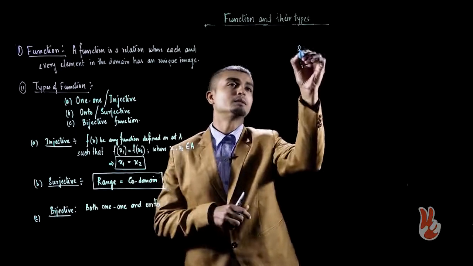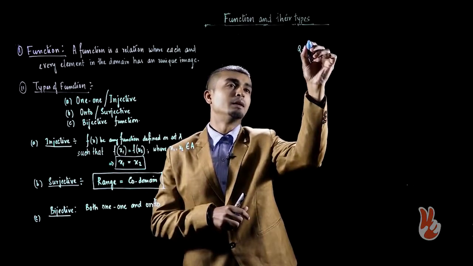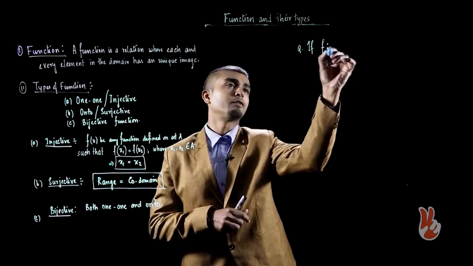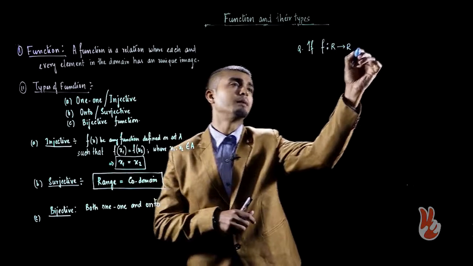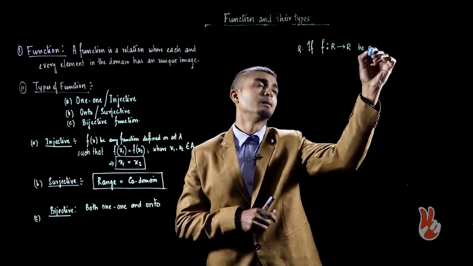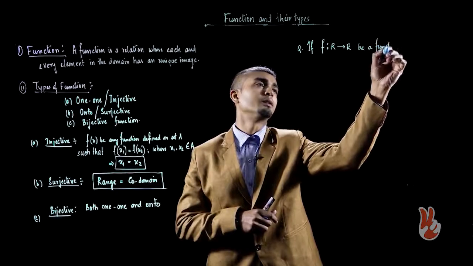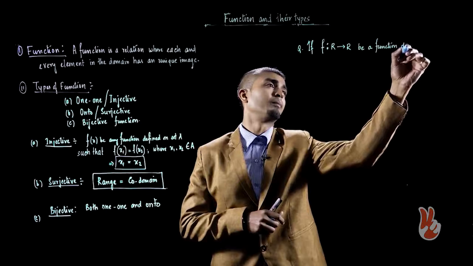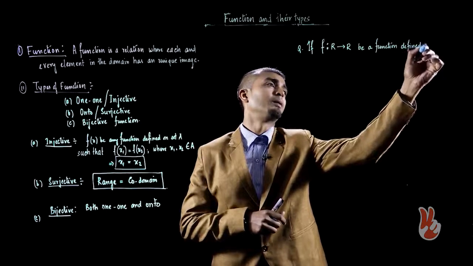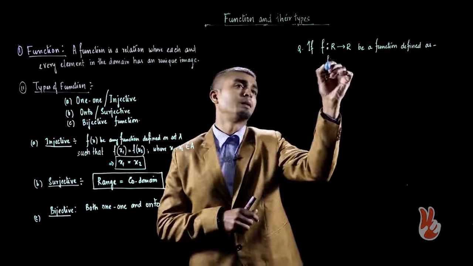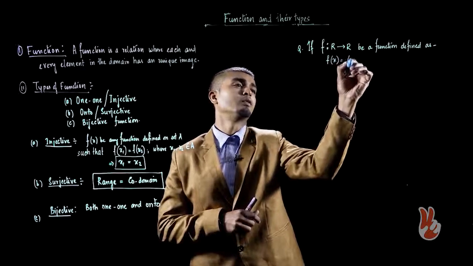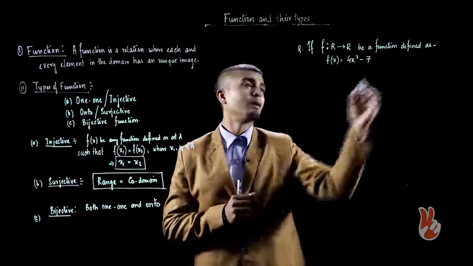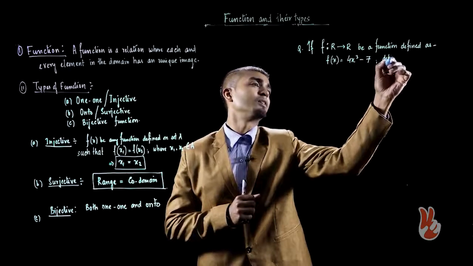Question is like this: if f: R tends to R be a function defined as f(x) equal to 4x cube minus 7, then determine its nature.